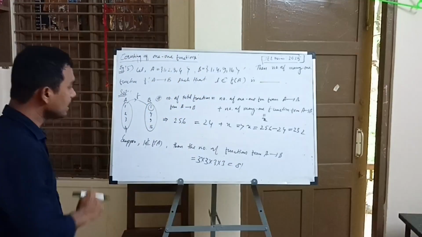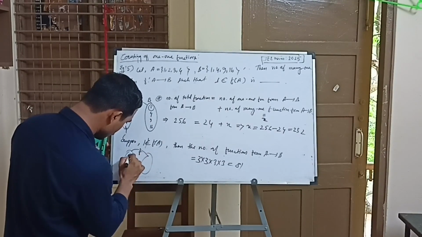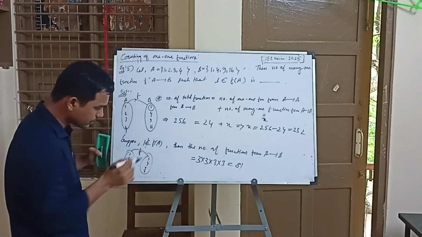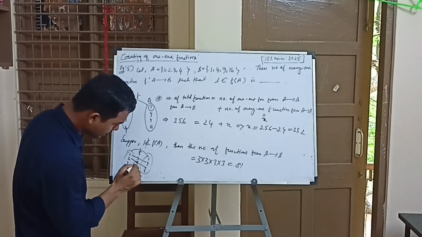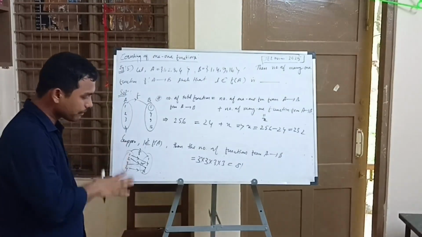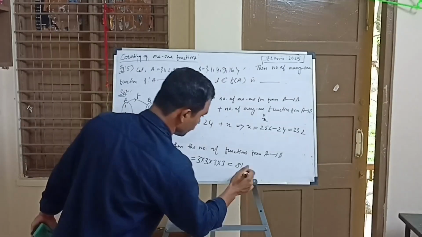Correct? These are all functions such as 1 mapped with 4, 2 mapped with 9, 3 mapped with 4, 4 mapped with 16. This type of collection of functions is this 81. Correct?